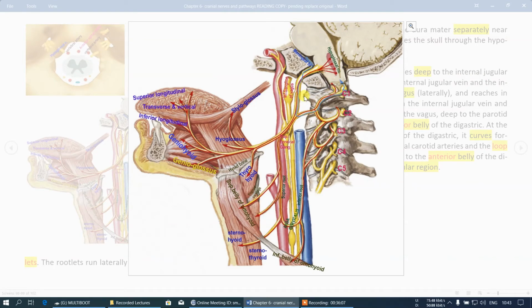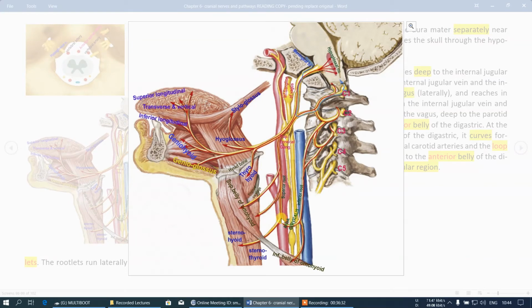Remember the diagram of the cervical plexus. You remember the cervical plexus? C1, C2, C3, C4 and C5. C1 and C2 join here, C2 and C3 join here. So these 1, 2 and 3 form a loop.